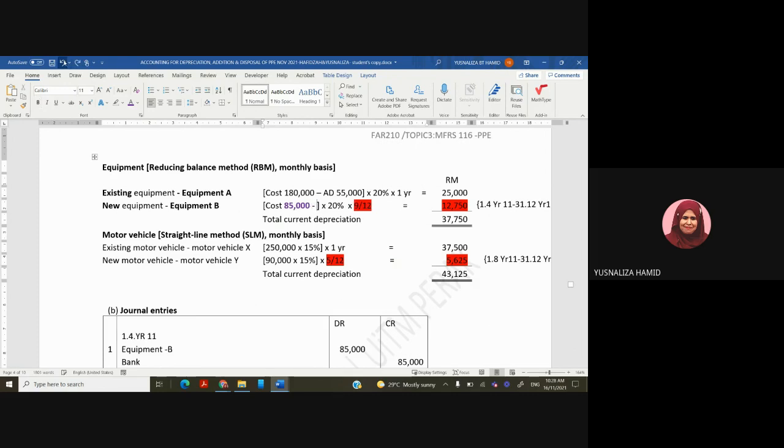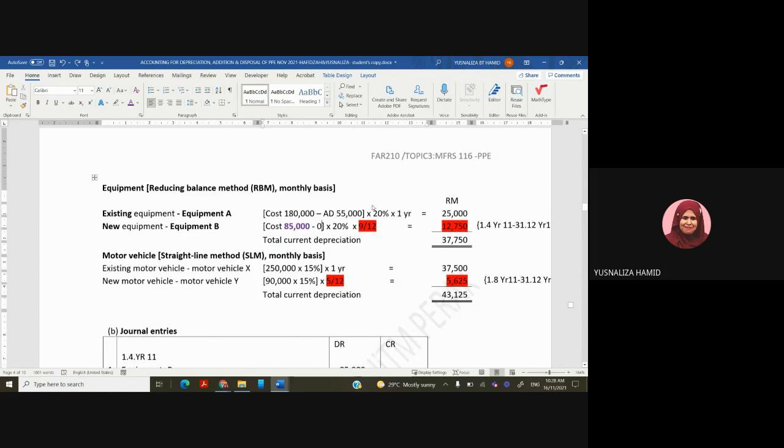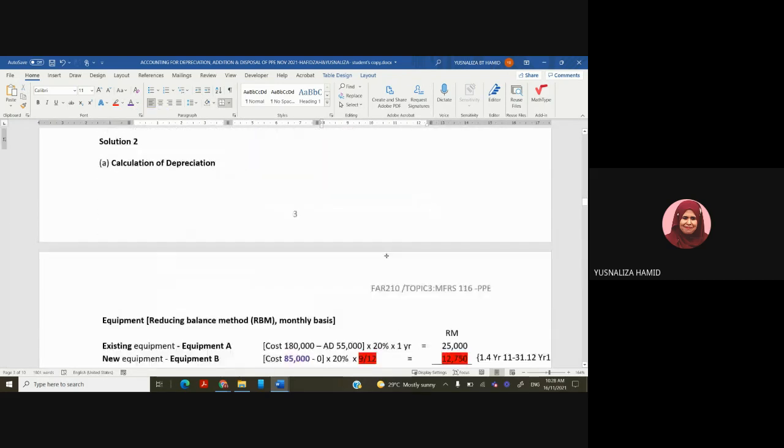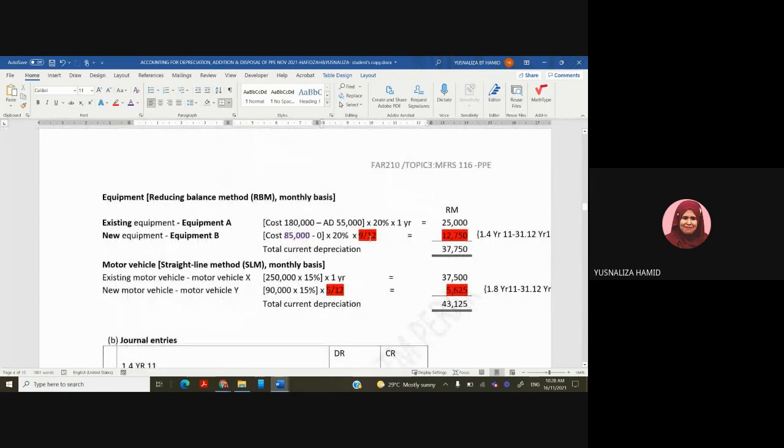So I just leave it as it is. Times 20%. And now you can see that I include the fraction here, 9 over 12. 9 over 12 here refers to the 9 months from the proportion of the year, which is 12 months. So you have 12,750.